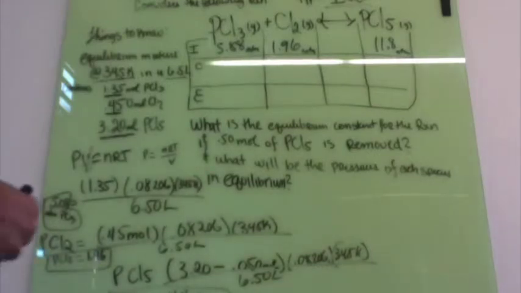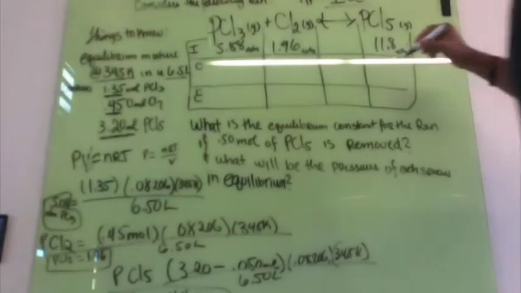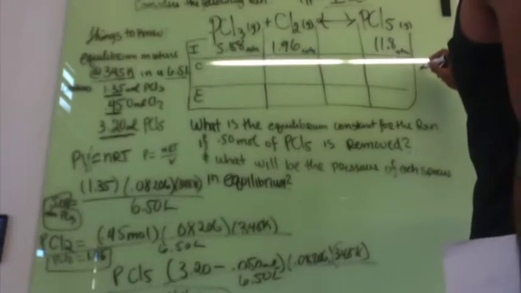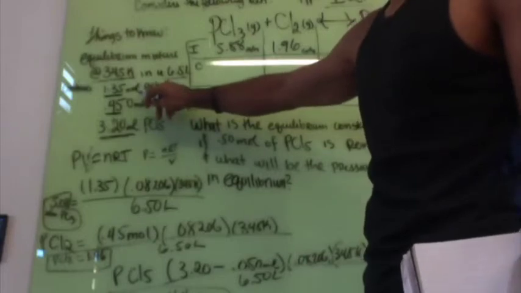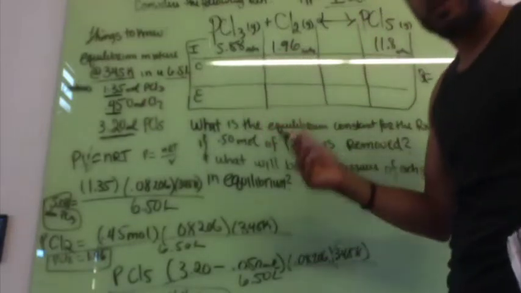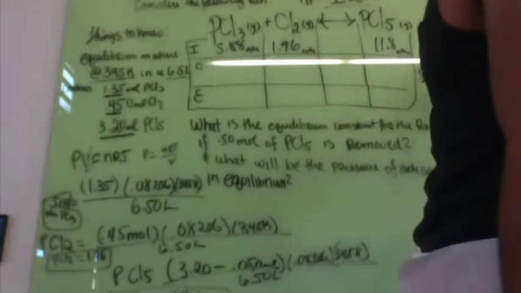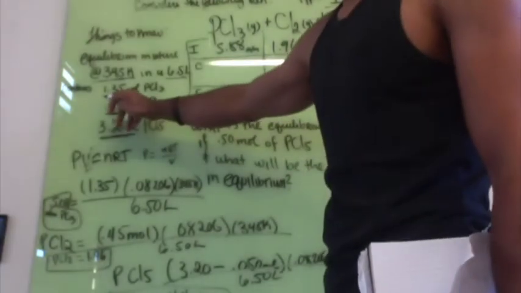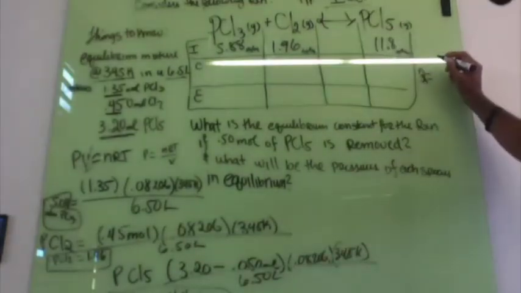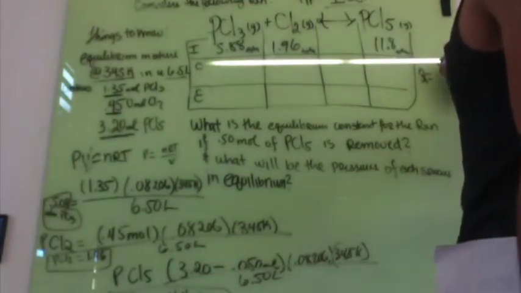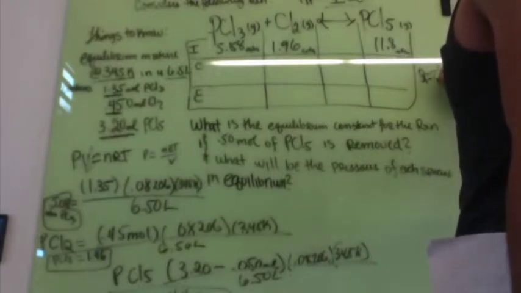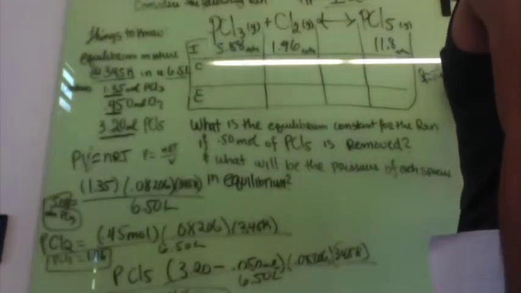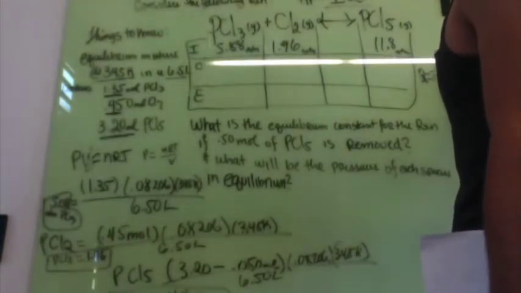Also, in this problem, if you set up the Q equals, in order to find out which way the reaction goes, we would have to set up the Q, so we'll use the molarities, which will just be products over reactants, which would be 3.2 moles over 1.35 times 0.450.